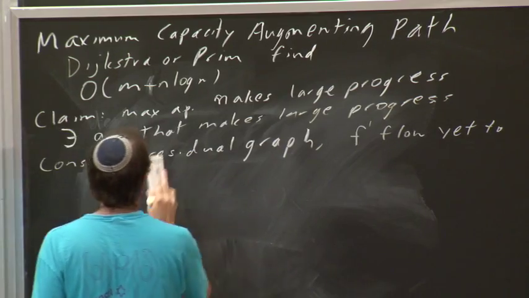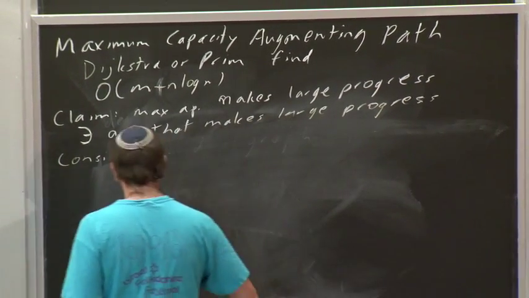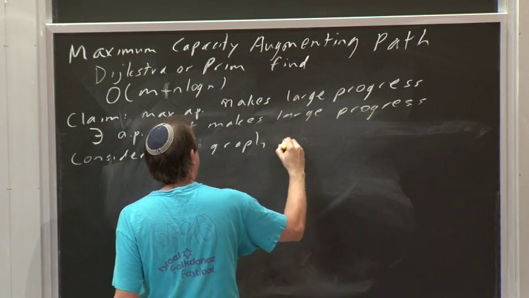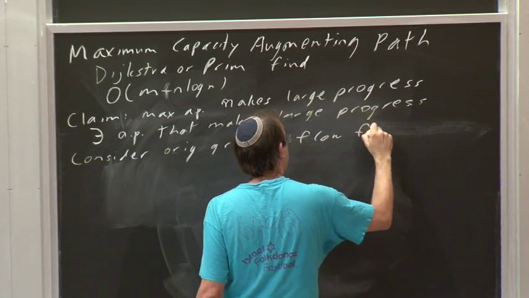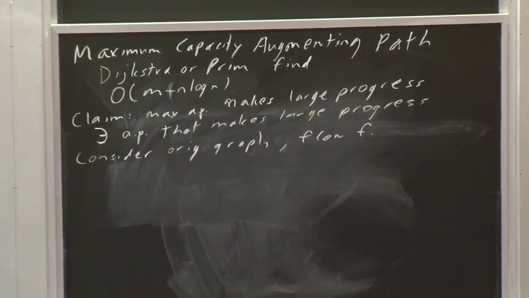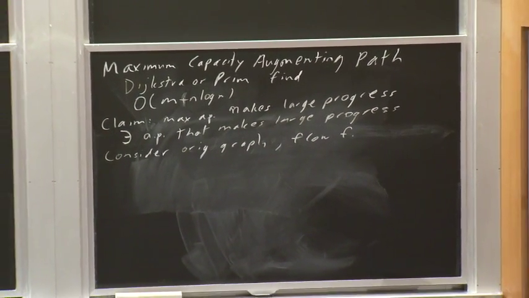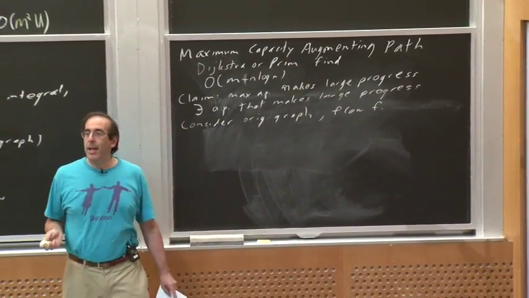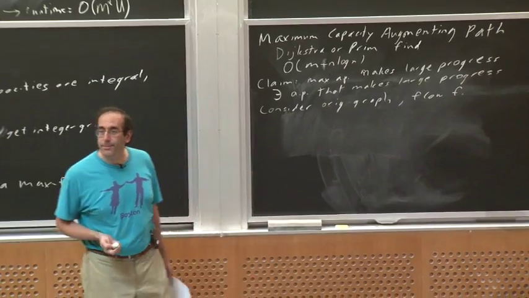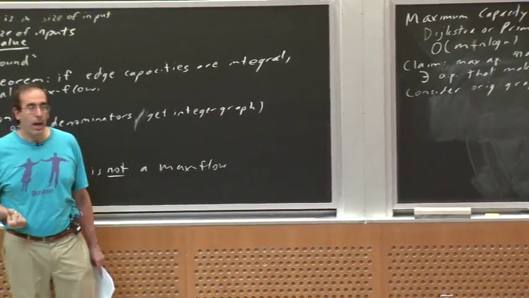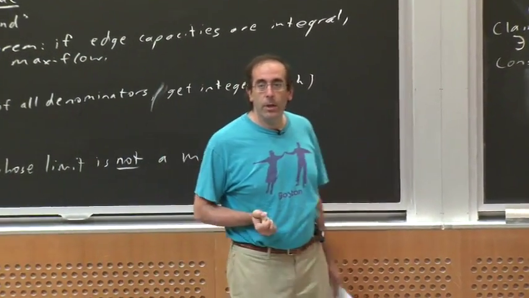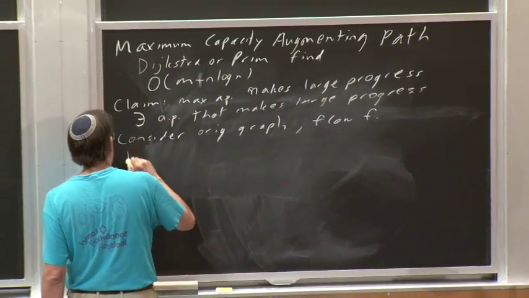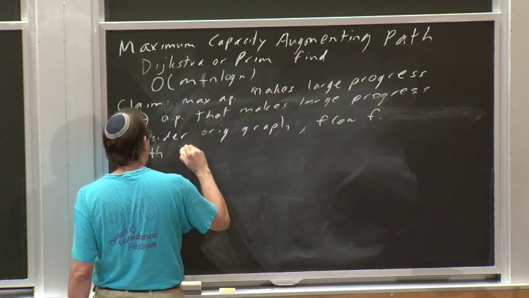Actually, let's not go to the residual graph yet. Let's just look at the original graph. So we have this original graph, and it has flow f. Now we're going to start by finding the maximum capacity path in the original graph. I want to argue that that path has a lot of flow on it, has a lot of capacity. How can I do that? Well, what do we know about flows? We know that they can be decomposed.